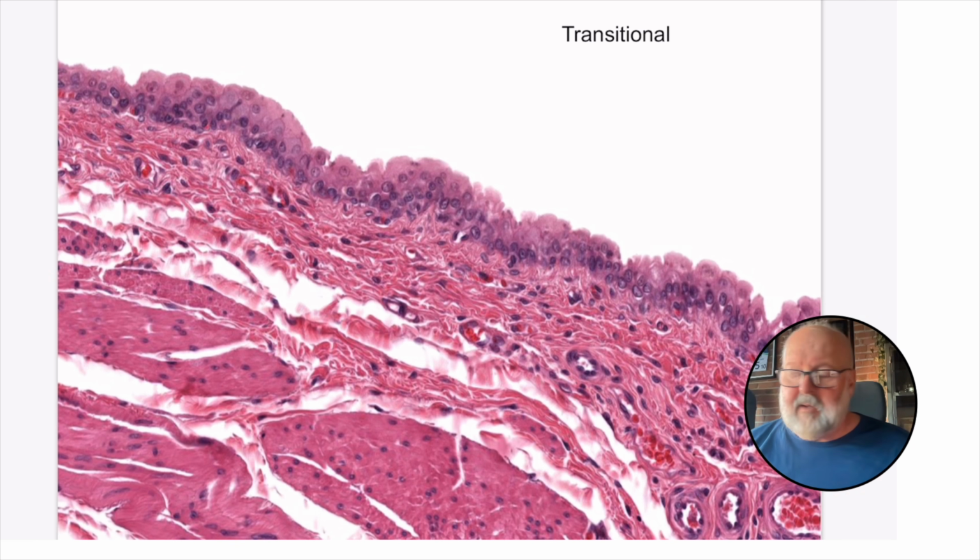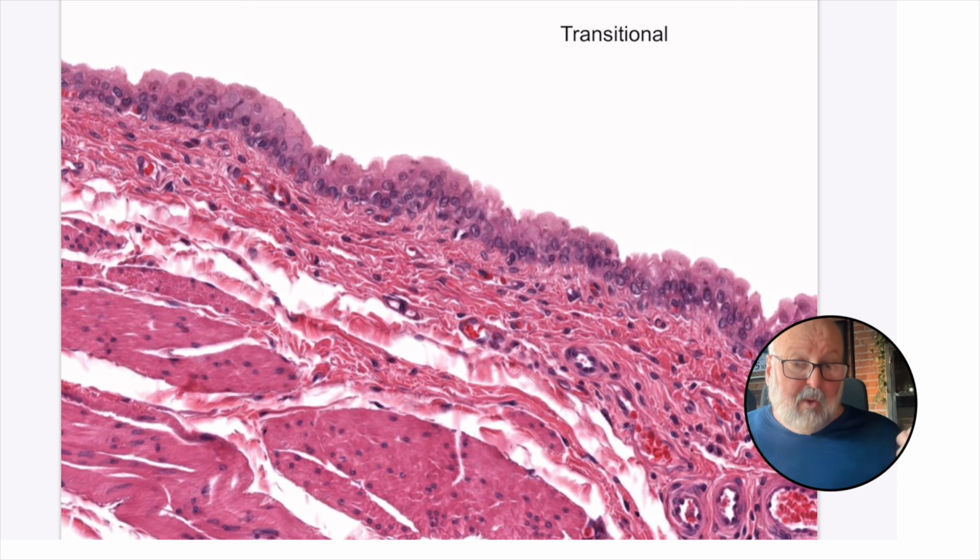I'm not going to go into great detail, but one is the bladder, where the bladder expands and we start to see basically the bladder stretch. So the tissue stretches with it, so it can transition its shape. But most of the times when we see it, of course, it's a histological section where it's not in a bladder full of urine being stretched, so it looks like this. Those are the major types of epithelium.